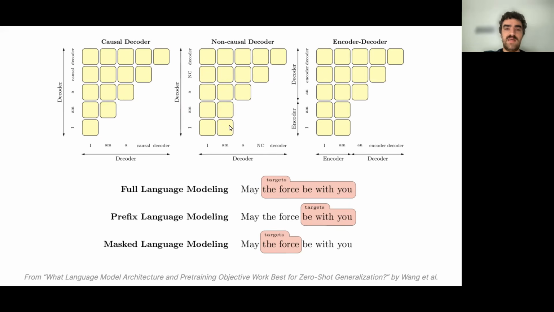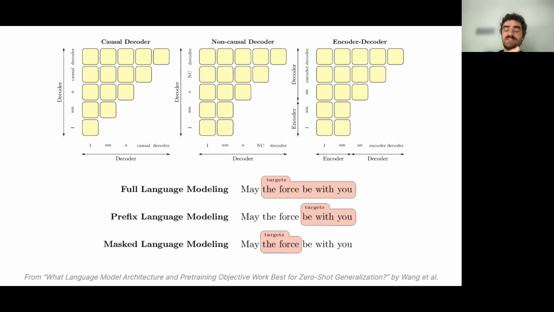An alternative to that, which is not very widely used but does exist, is what we call a non-causal decoder model. It's also been called a prefix language model. In that type of model, we modify the attention mask in the transformer layer stack so that it has full visibility over what we would call a prefix.